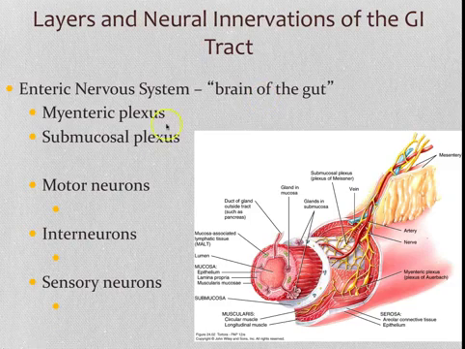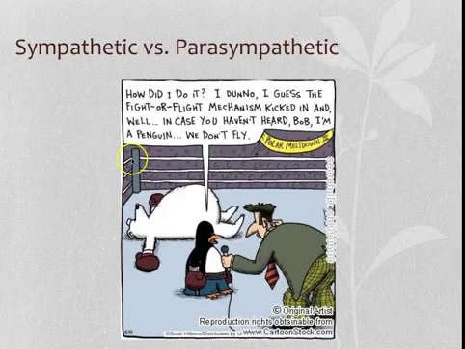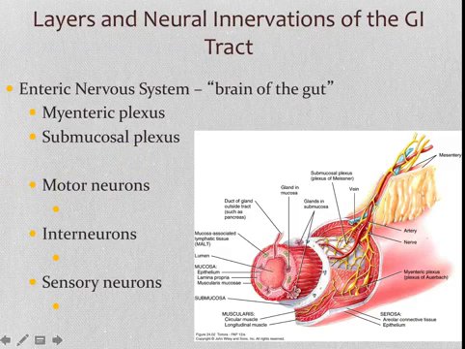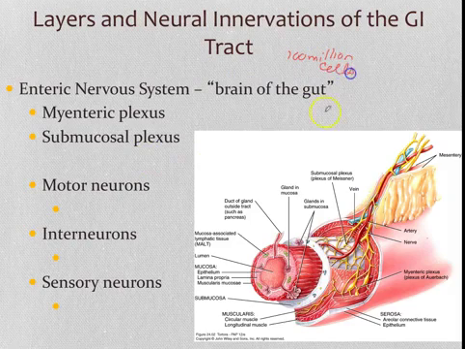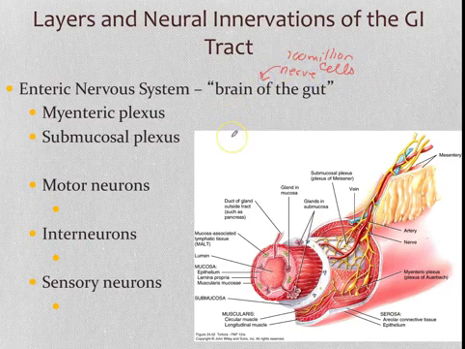Here's a nice textbook number: you actually have 100 million neuronal cells, or nerve cells, in your digestive tract. 100 million. That's why they call it the brain of the gut. And that's throughout the digestive tract, all the way from the esophagus down to the anus.